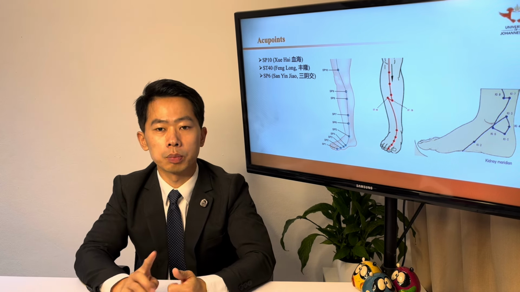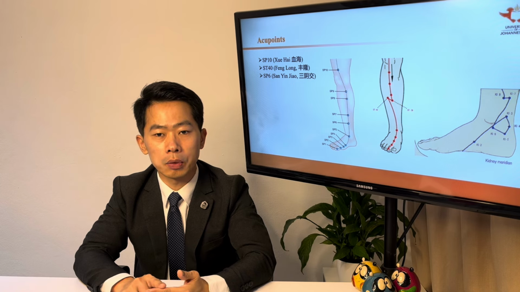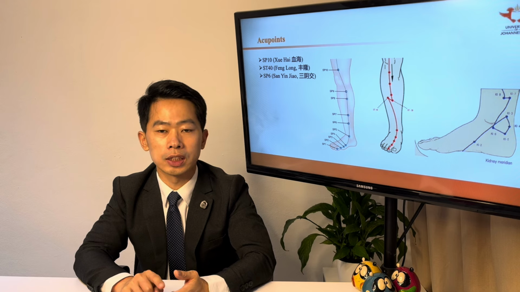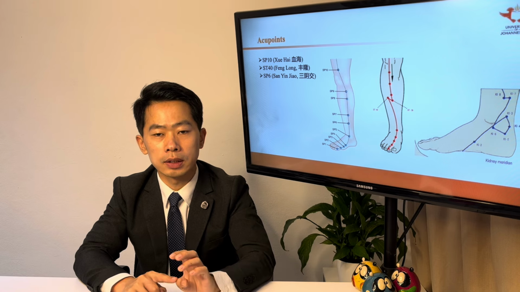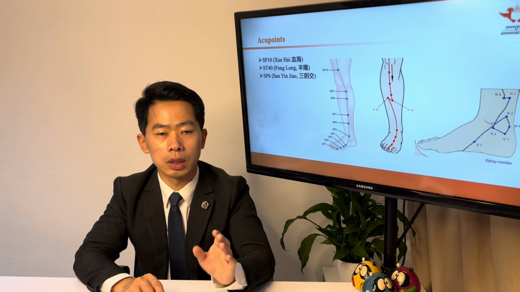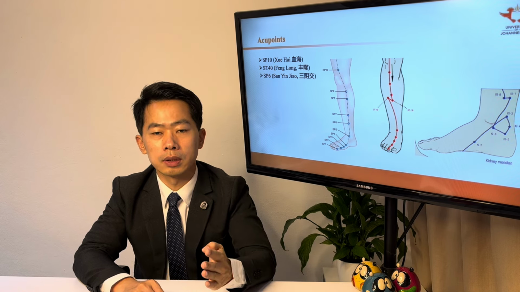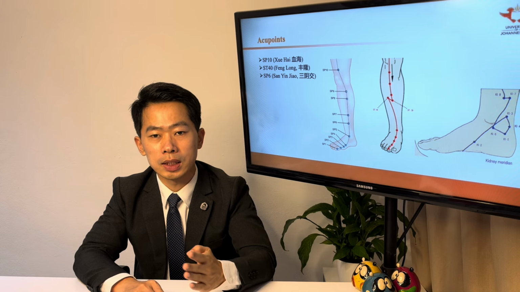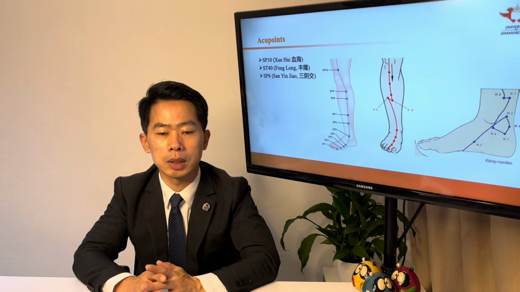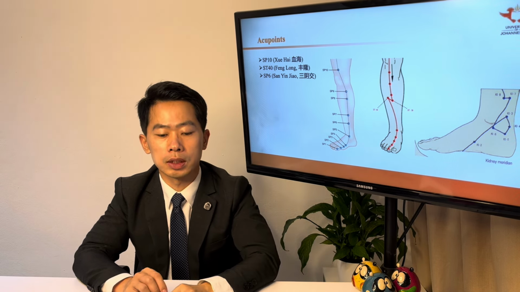This refers to the spleen meridian, the foot Tai Yin meridian, the foot Shao Yin kidney meridian, and the foot Jue Yin liver meridian. They meet on this point, Spleen 6.